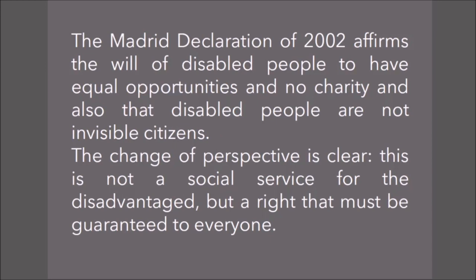The Madrid Declaration of 2002 affirms the will of disabled people to have equal opportunities and no charity, and also that disabled people are not invisible citizens.